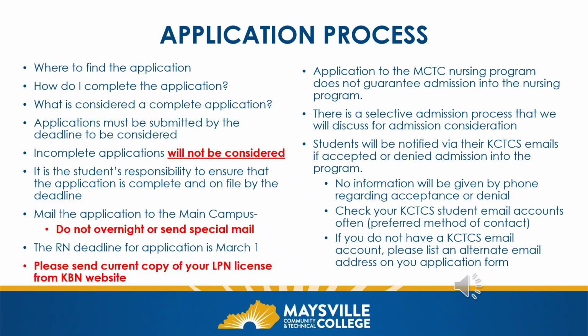Make sure that your email is not full because it may bounce back to us, but that's how we send your acceptance or denial, and you want to check that often. Usually the acceptance or denials go out in mid to late April.